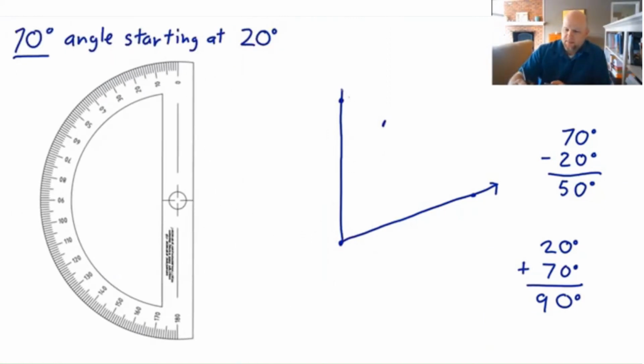And once again, put our arrows showing that it's a ray. And we have now a 70-degree angle. Even though this one started at 20 degrees and this one went up to 90 degrees, the difference between those two is 70 degrees. And that's how you use a protractor to draw angles.